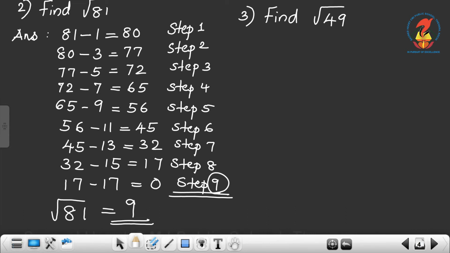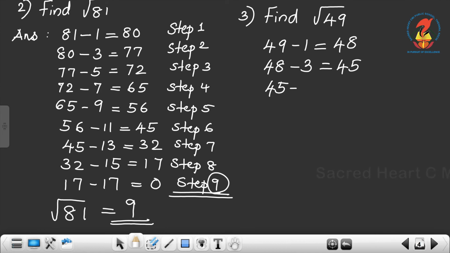Now one more we can do. Find the square root of 49 by the repeated subtraction method. We want to subtract the odd numbers, so first we subtract 1. 49 minus 1 is 48. Then 48 minus the next odd number 3 is 45. Then 45 minus 5 equals 40.